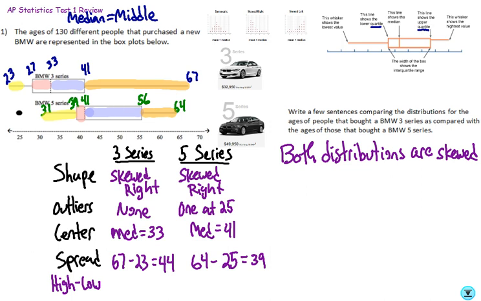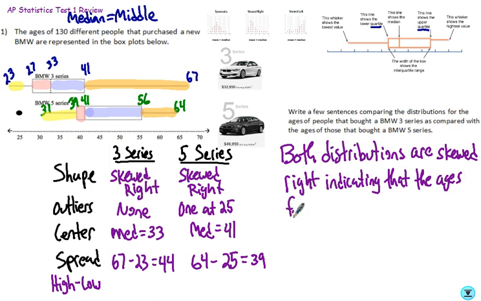So what we can say there is that both distributions are skewed right, indicating that the ages of buyers become more spread out as age increases.